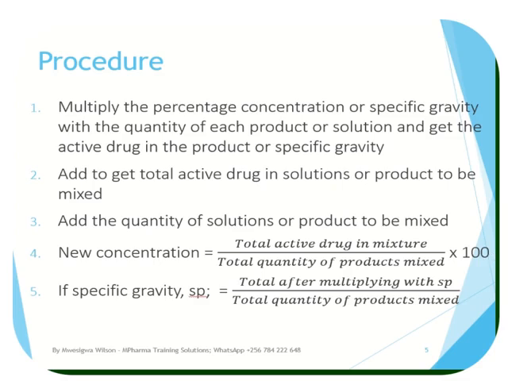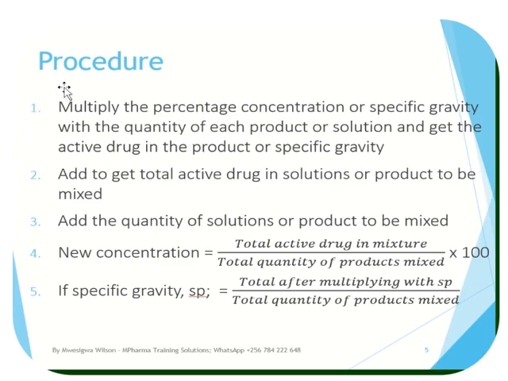Then you multiply by 100. As we agreed before, we don't say 100%; the percent goes on the answer. So if we use specific gravity, it is the total after multiplying with specific gravity over the total quantity of the products mixed, as we're going to see in the examples.